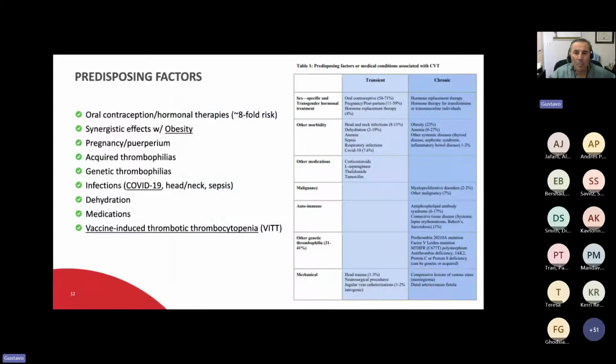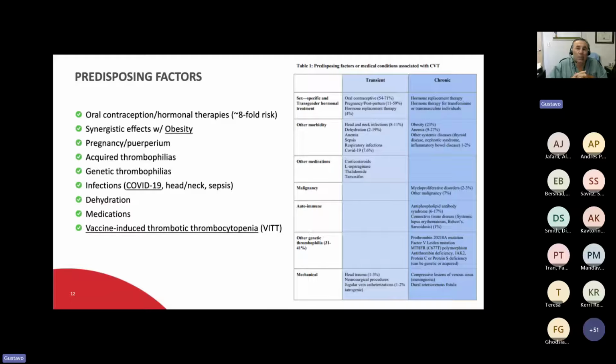So what are the most common predisposing factors? Some people divide them between transient and chronic risk factors. This is important because in terms of management, one thing is a transient phenomenon versus a chronic one.